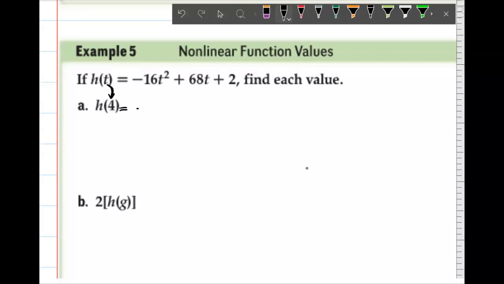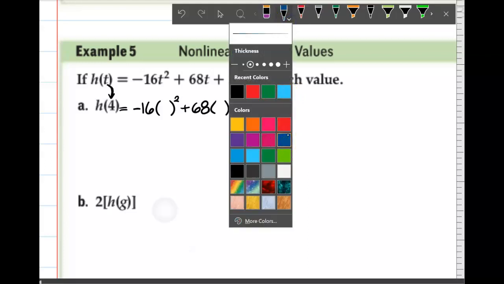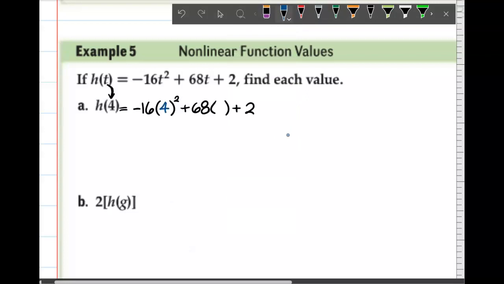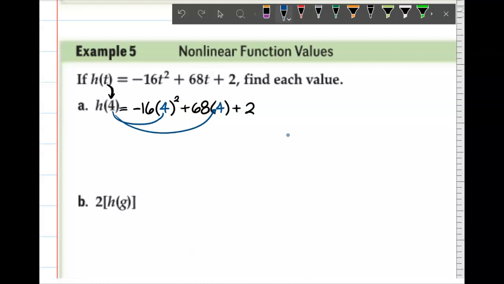So I'm going to rewrite my equation, but everywhere that I see the letter t, I'm going to take it out and just put parentheses to hold the place, so I remember where to put this number. Next, I'm going to substitute. 4 goes everywhere that there used to be an x.